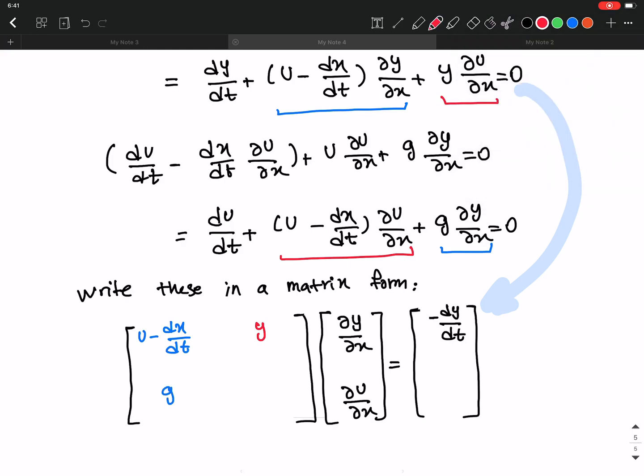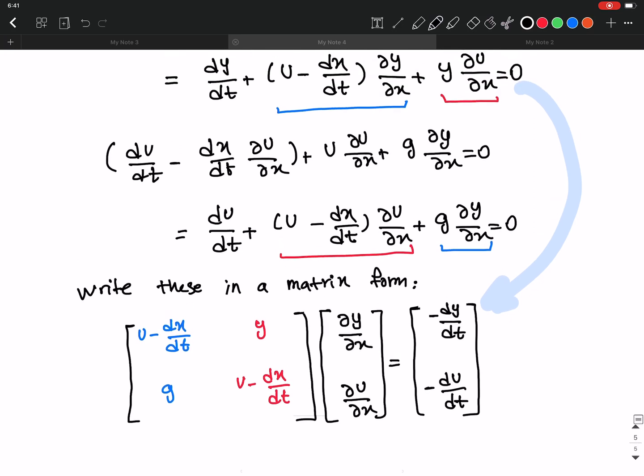And the second one is partial u partial x is u minus dx over dt. And then the last one is the time derivative, which is going to be du dt. Okay, so I just put this into a matrix form.